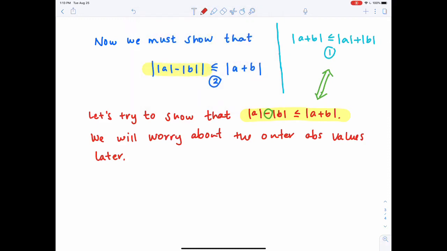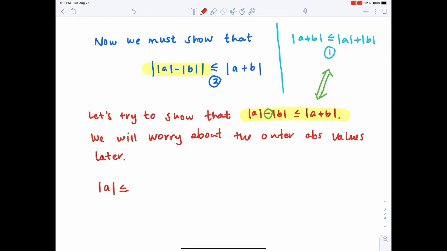If you want to take subtraction and make it into addition, the easiest thing to do is to just rearrange. Now, remember, I can't assume that this inequality is true. I am just trying to come up with a different way of representing the same inequality so that I could establish that inequality as being true.